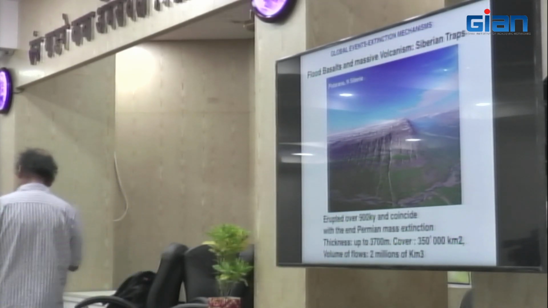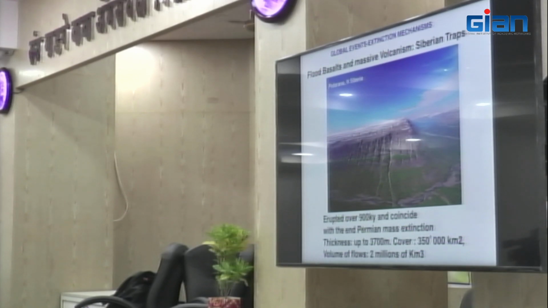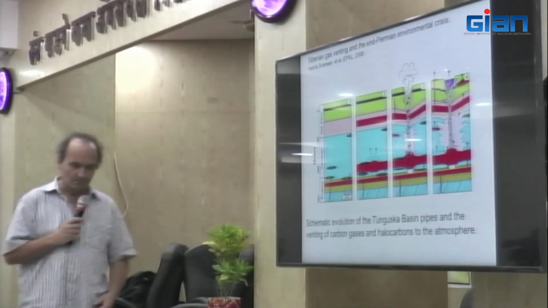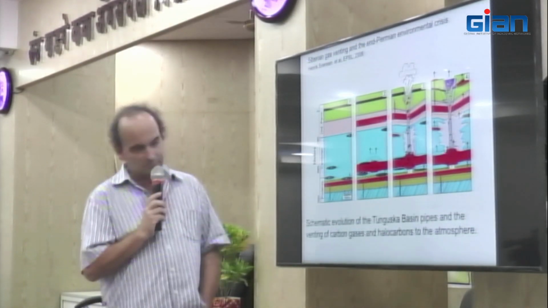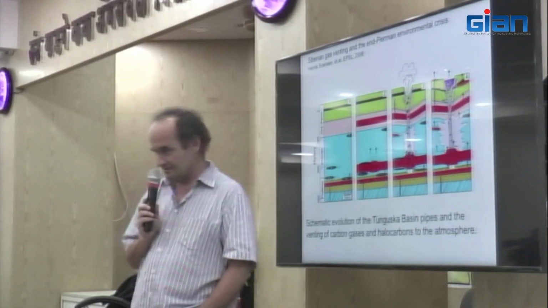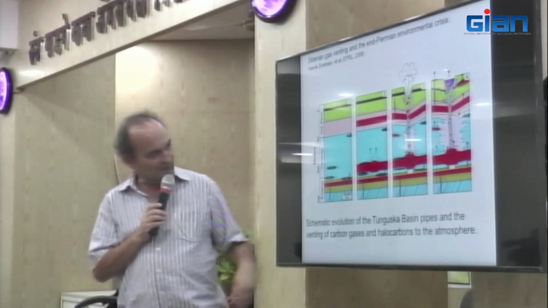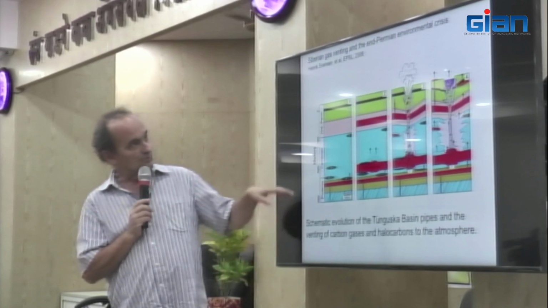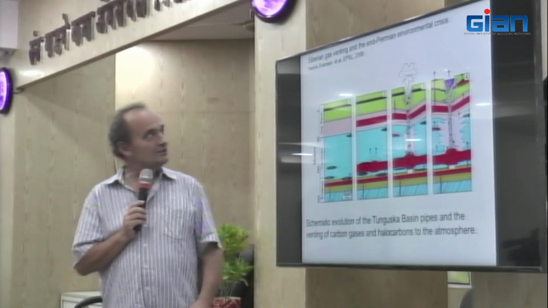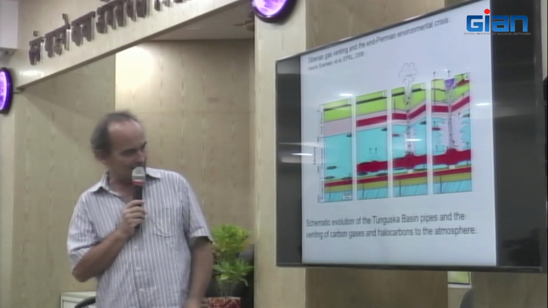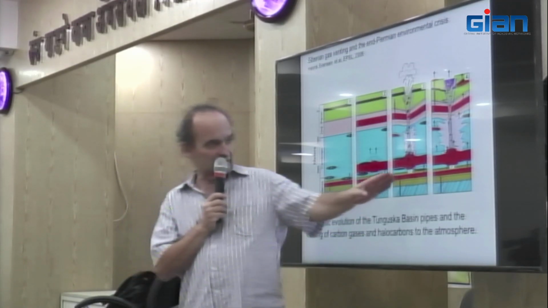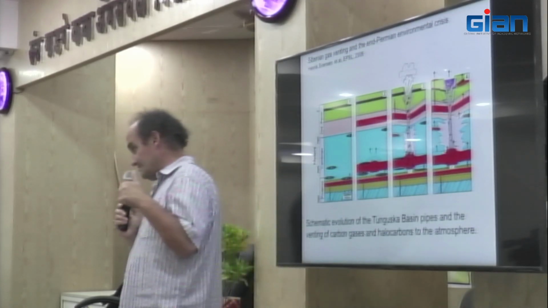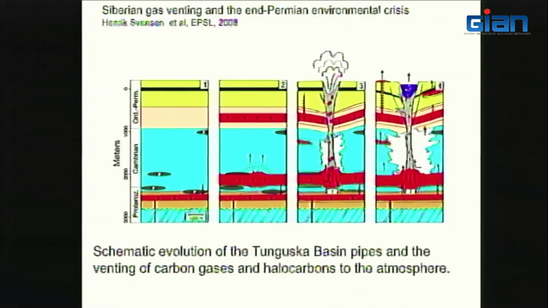And what they found also is quite interesting. First, there is a big difference with part of the Deccan, because maybe the story of the Deccan is changing by now, because we have some new findings that may explain a little bit the same in part, but for sure the Siberian traps had a lot of gas venting, and in fact this magma chamber was going through pipes, dikes, and so on into two kinds of sediments, as I said, evaporites and coals.